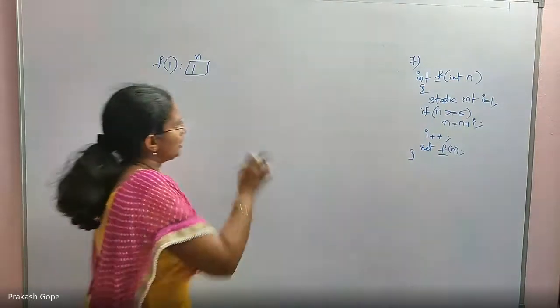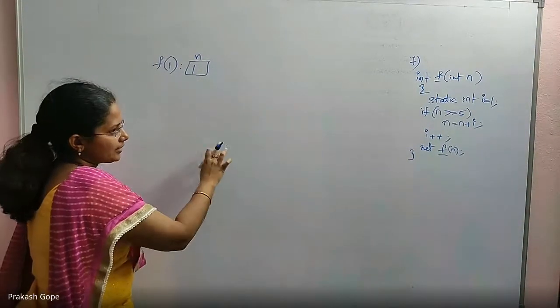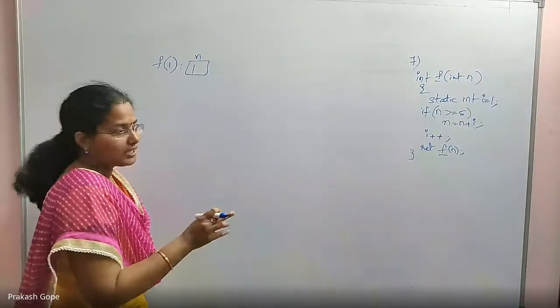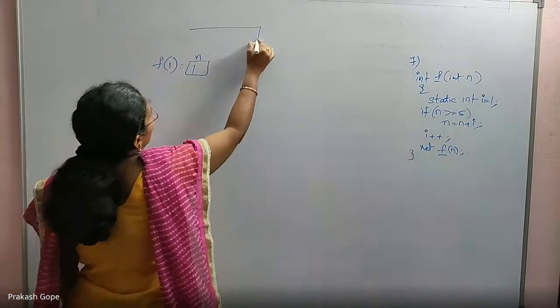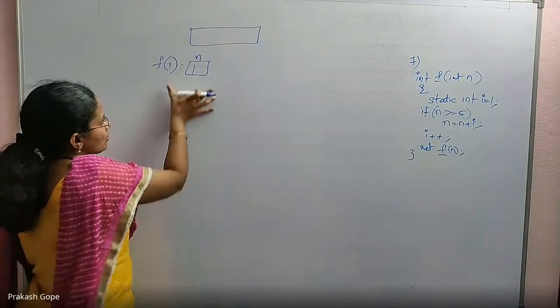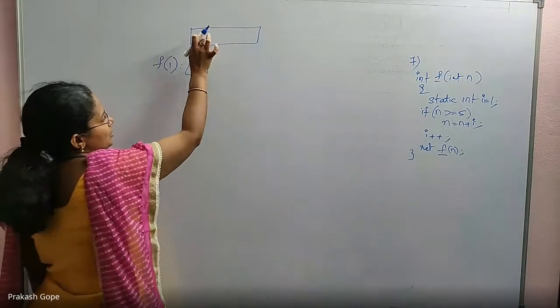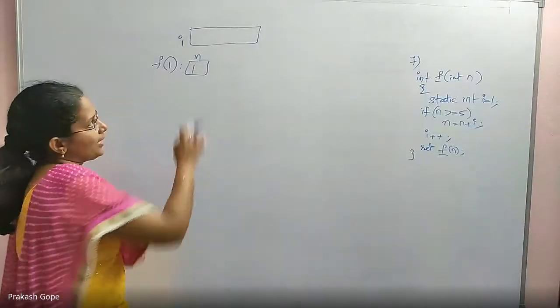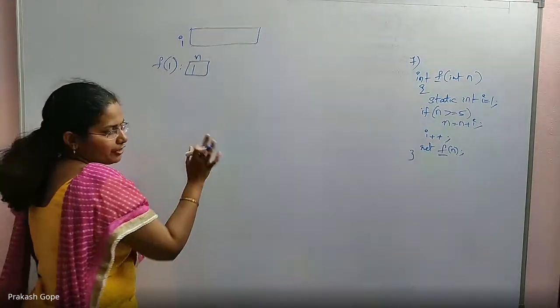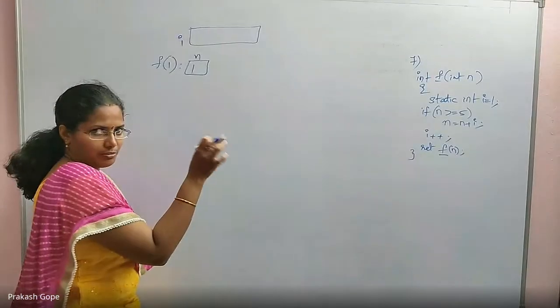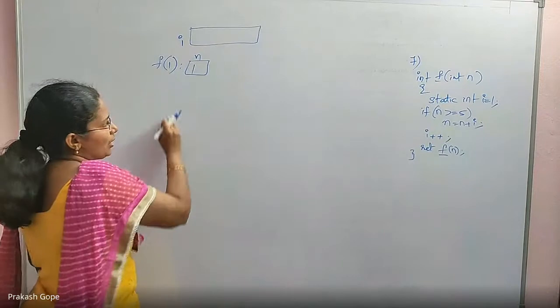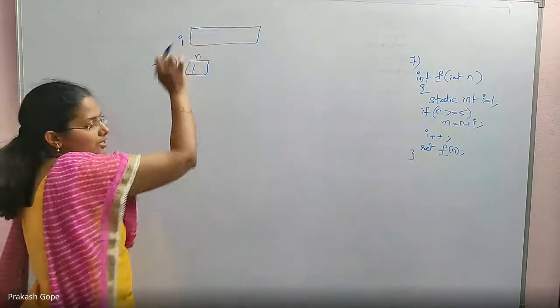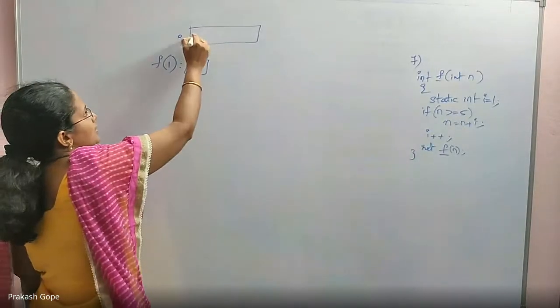I told you each and every function call we will be writing like this, but whenever you have a static variable, you have to write it on top of all the function calls, because all these function calls will be touching the same static variable. So i is not created individually for each and every function call. It is created only once and all the function calls will be touching the same variable. And that is initialized to 1.